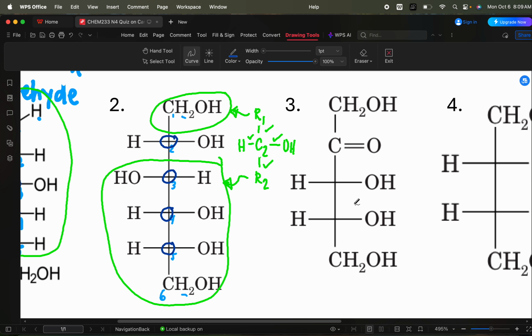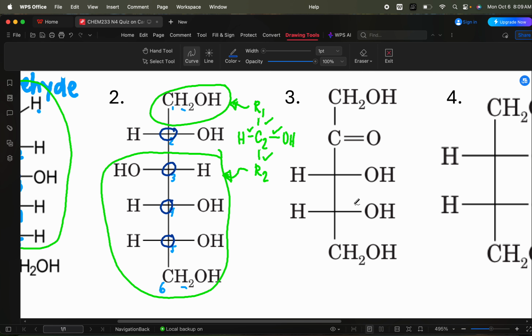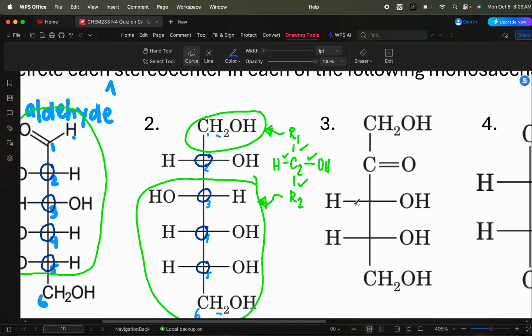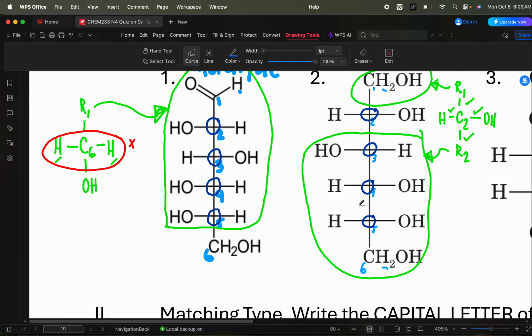Number 3. So this time, number 1 is considered an aldose, no? So number 1 is an aldohexose. This is L, aldohexose.